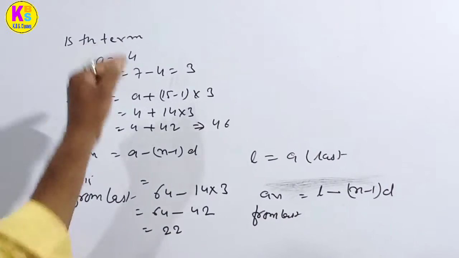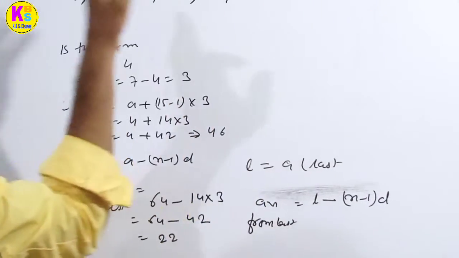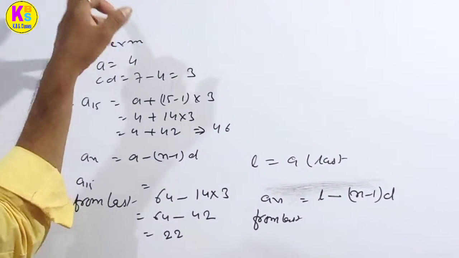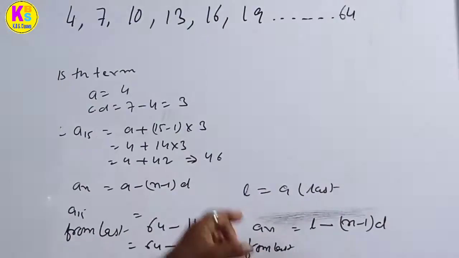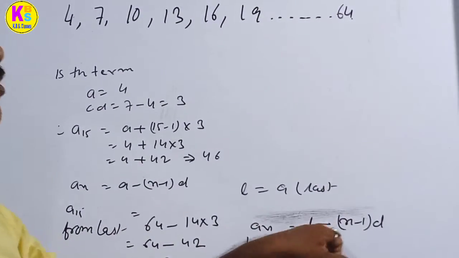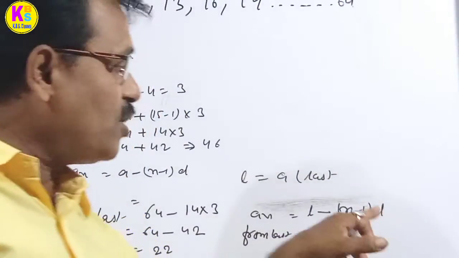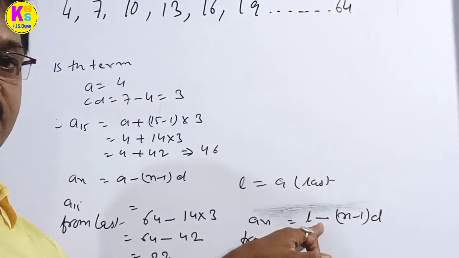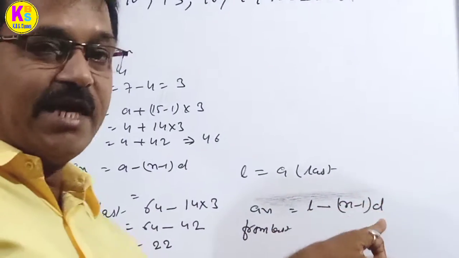If there is minus in the common difference you have to take positive, and if the common difference is positive, then you have to take negative. That is why the minus sign is already given in this formula, so there is no need to change the sign of d here, because we have already given the minus sign.